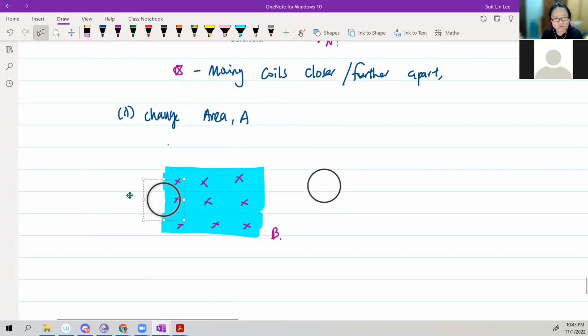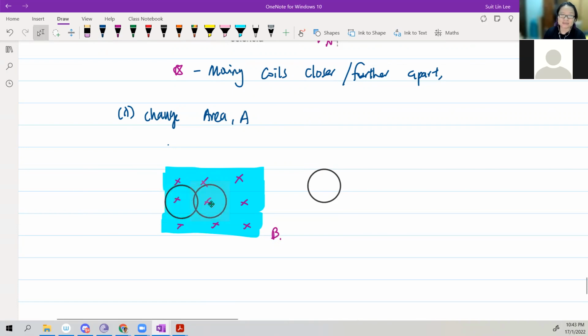So when the coil moves, let's say from the left to the right, as it enters the region of magnetic field, the magnetic flux will increase till maximum, right?